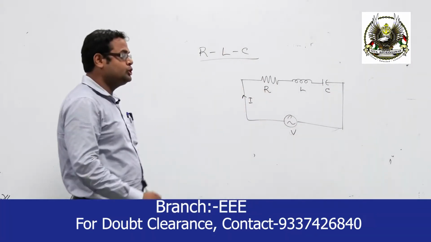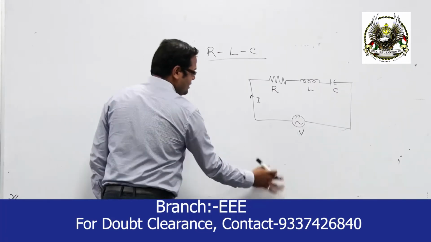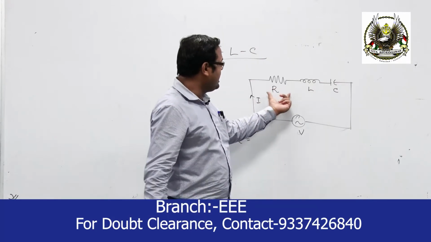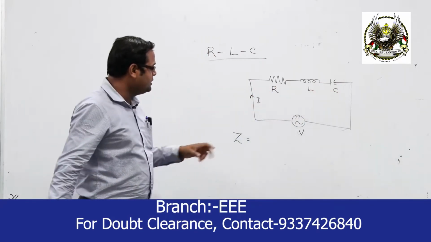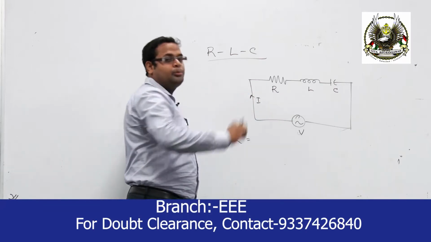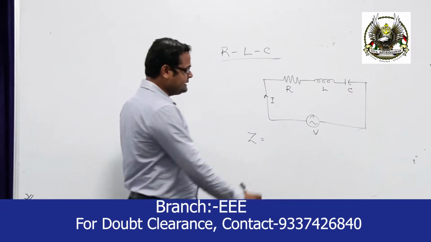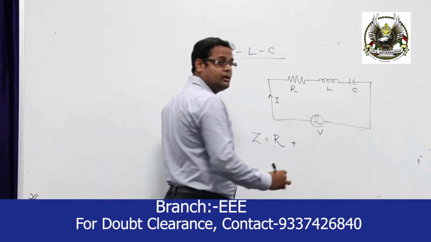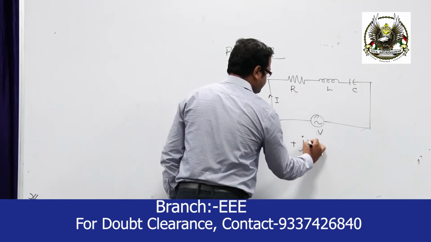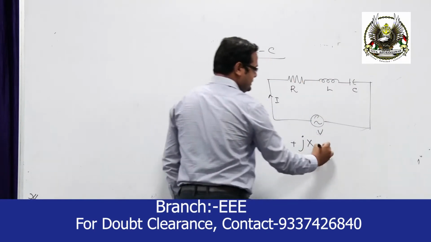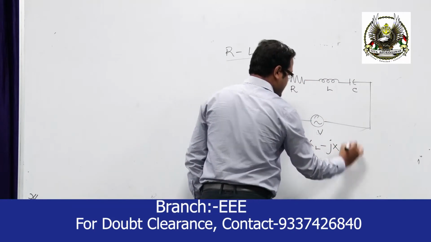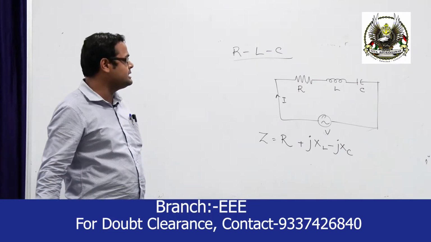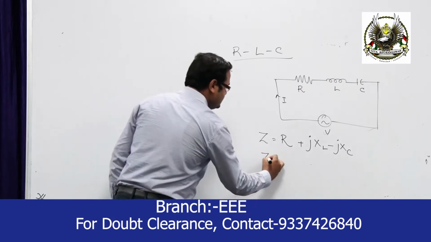Current is I suppose. So, here your impedance Z, this is an RLC series circuit, R, L and C are connected in series. So, your Z is equal to addition of each individual reactances. So, Z is equal to R. For inductance, you can go for j XL. For capacitance, it is minus j XC. So, this is your impedance of an RLC series circuit, and the magnitude of this you can easily find.